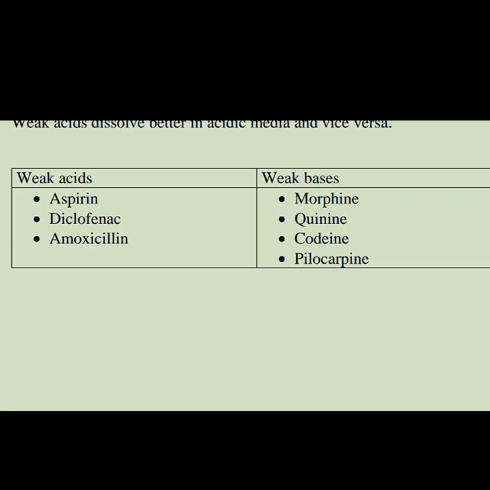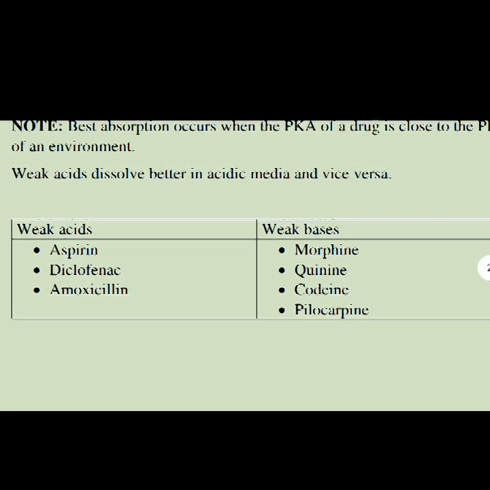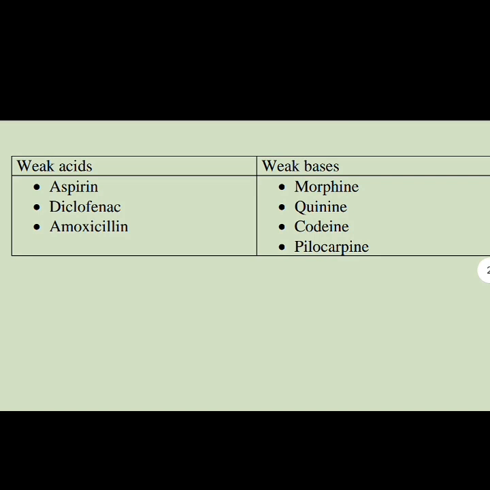So whenever you see a drug like morphine, quinine, codeine, pilocarpine, atropine, muscarine, all those types of drugs are basic in nature. That's just the key thing you can look at when you see this -ine. Most of the time the other drugs will be acidic, although not always. But don't memorize these drugs, I just use them for context.